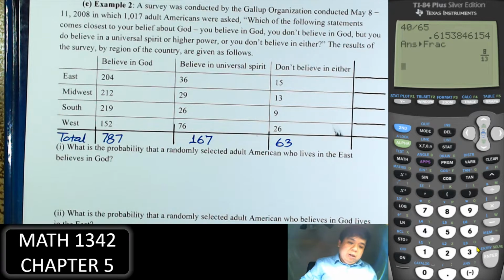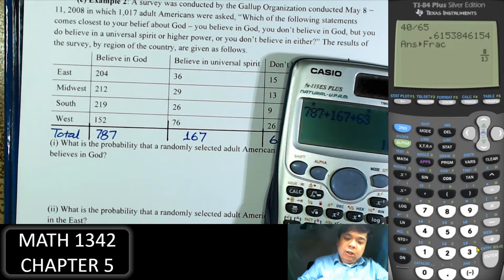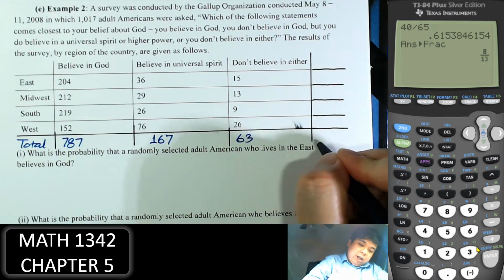Now add all of them up. 1017. That's exactly the total number we expect to get.